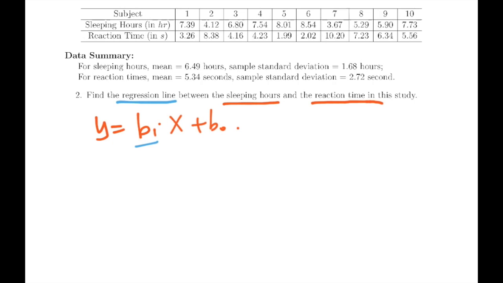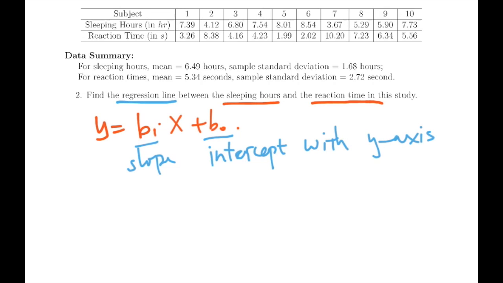So here, b1 is the slope, and b0 is the intercept of the line with the y-axis. And here, x can be treated as the sleeping hours, and y can be treated as the reaction time, as what we said in the first part.